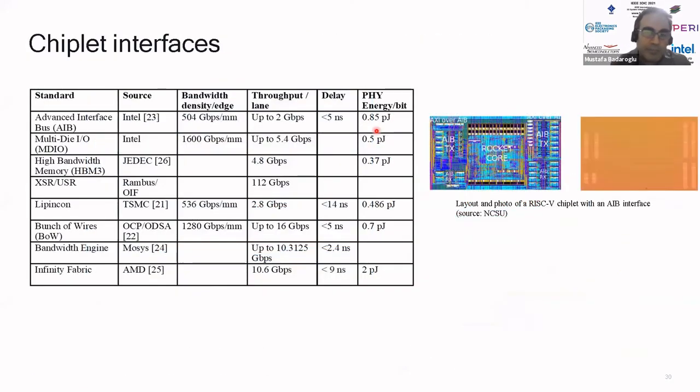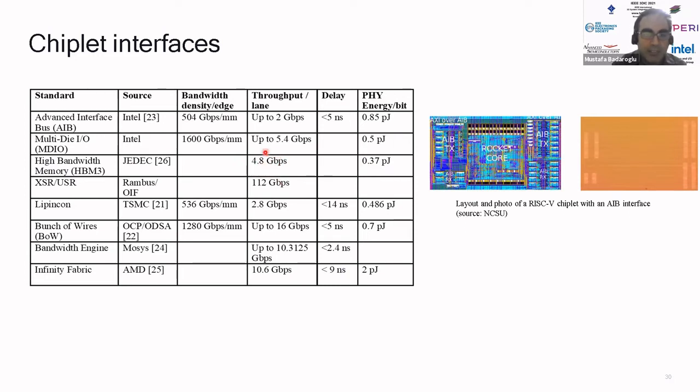So another problem is the standardization. There are a lot of standardization efforts ongoing. HBM3 everyone knows. The tendency is that we can go to 300 femtojoule, and the bandwidth is reasonably good.